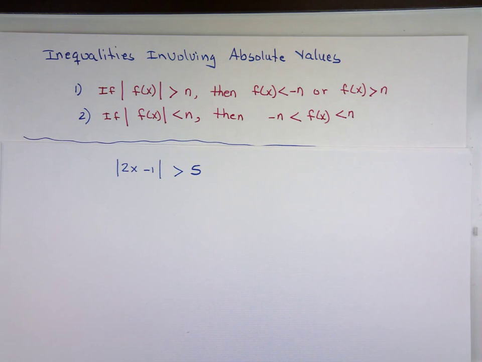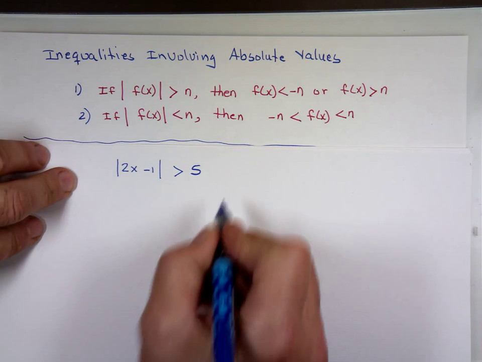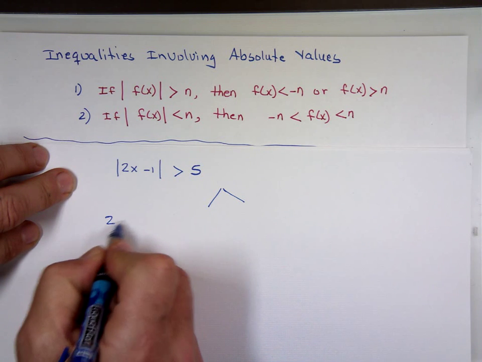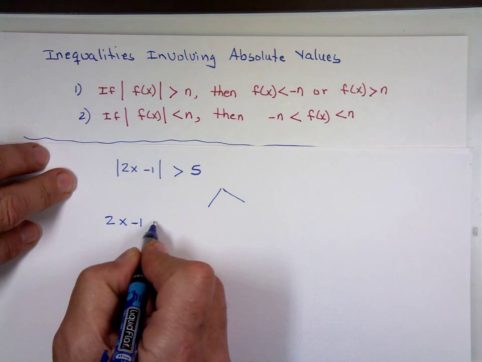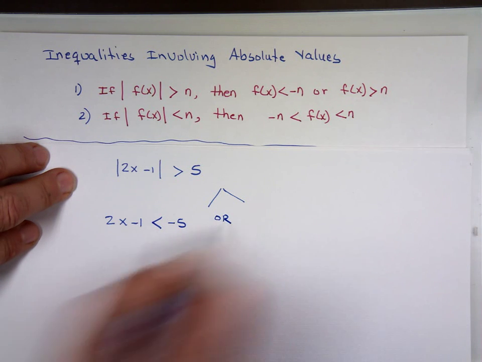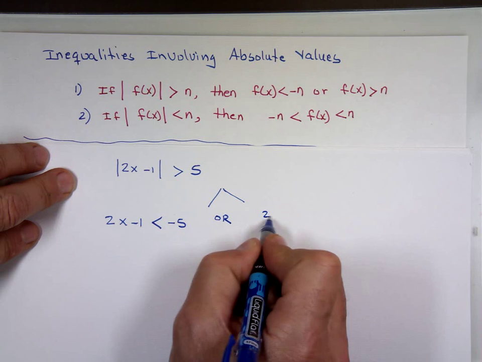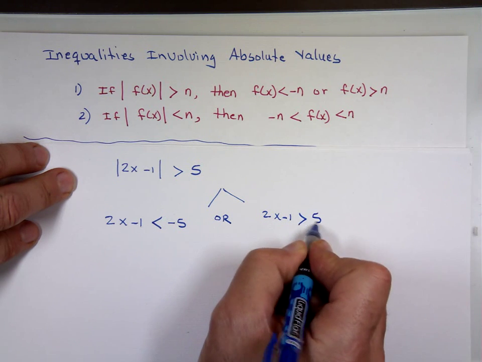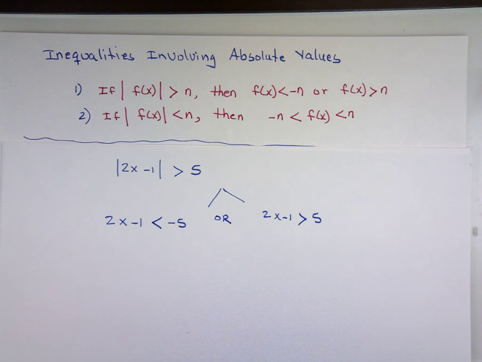It looks like 1. So I should be able to break it down to two problems based on that, which says 2x minus 1 has to be less than negative 5, or 2x minus 1 has to be greater than 5. Using rule 1.